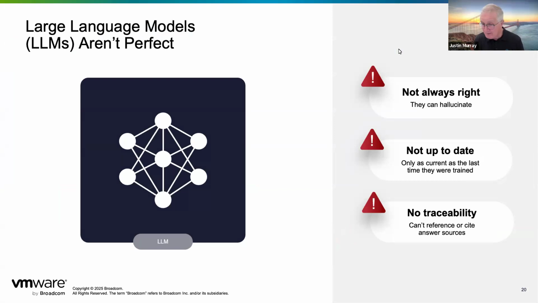We've all probably experienced this. It's not up to date with your current data. Its knowledge is only of data that was used to train it. That might be a few months ago. And the model doesn't tell you where it got the answer for any question that you supplied to it. It doesn't give its references.